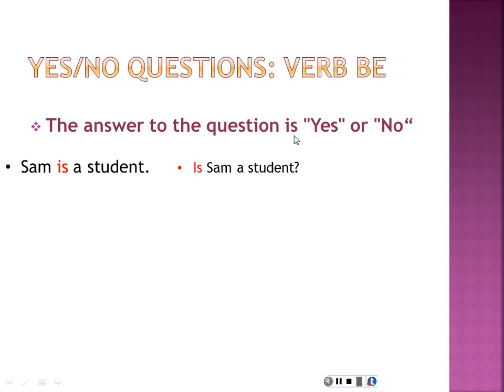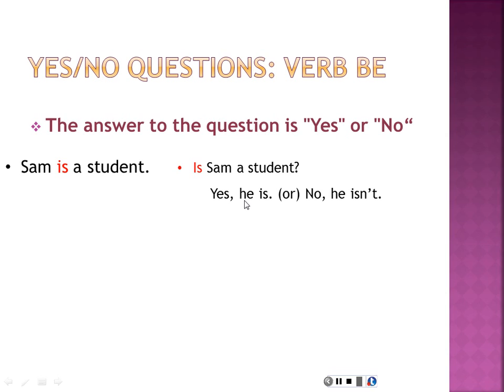So how to answer such kind of a question? كيف نقوم بالإجابة عن مثل هذه الأنواع من الأسئلة؟ So as we said, we start the answer with yes or no. After that we have something to add. So is Sam a student? هل سام طالب؟ Yes, if yes إذا كانت الإجابة نعم, yes he is.